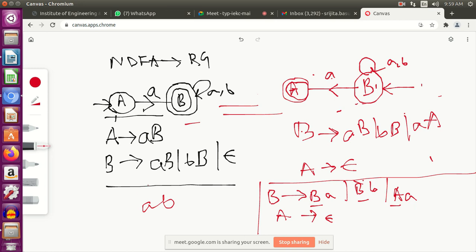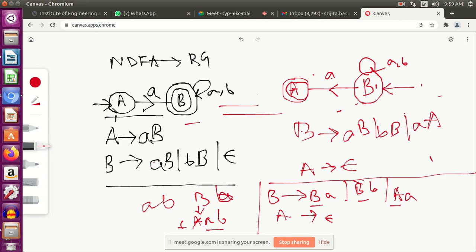How can we get AB? We can have BB, then replace the first B with A, the last B remains the same, and this A we can replace with epsilon. So we are getting AB. I guess it's correct, and it will work for any other string.